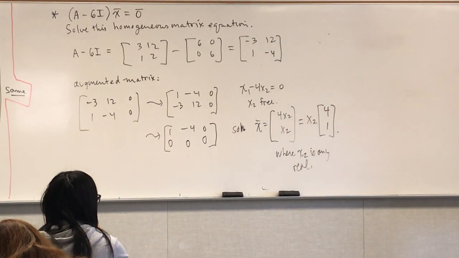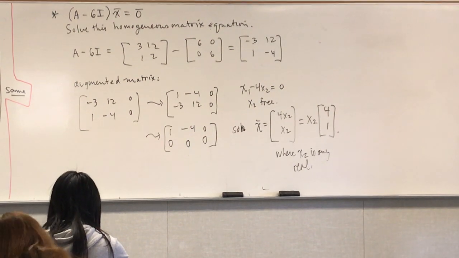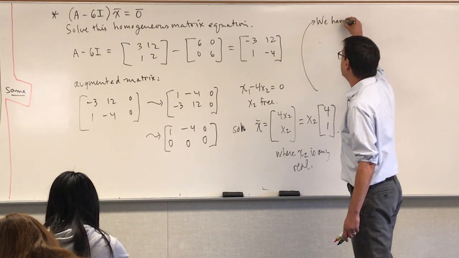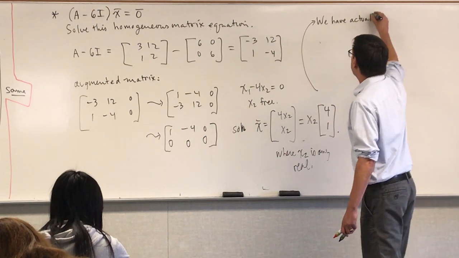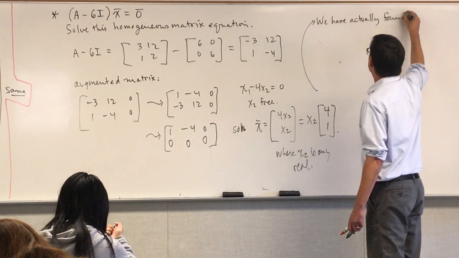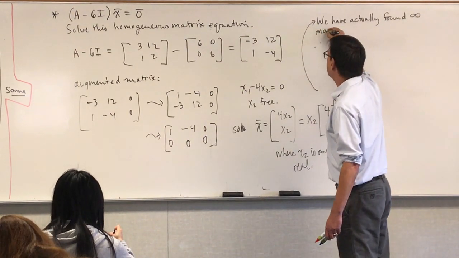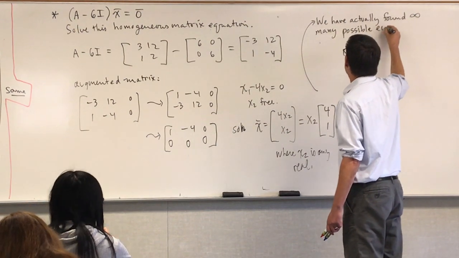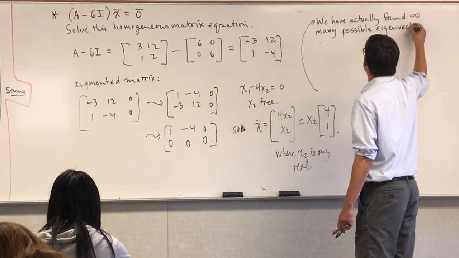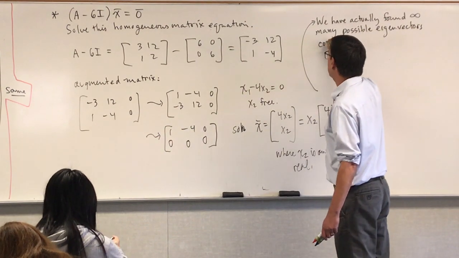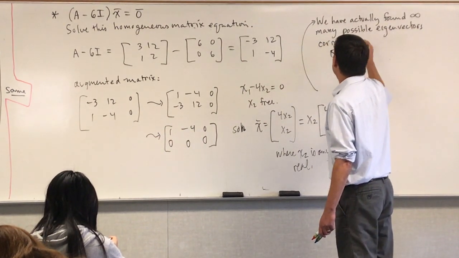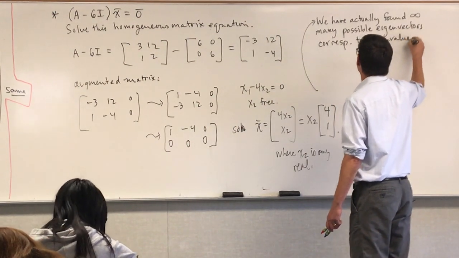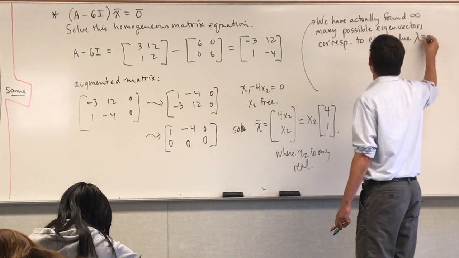So we've actually found infinitely many possible eigenvectors corresponding to the eigenvalue lambda equals 6.